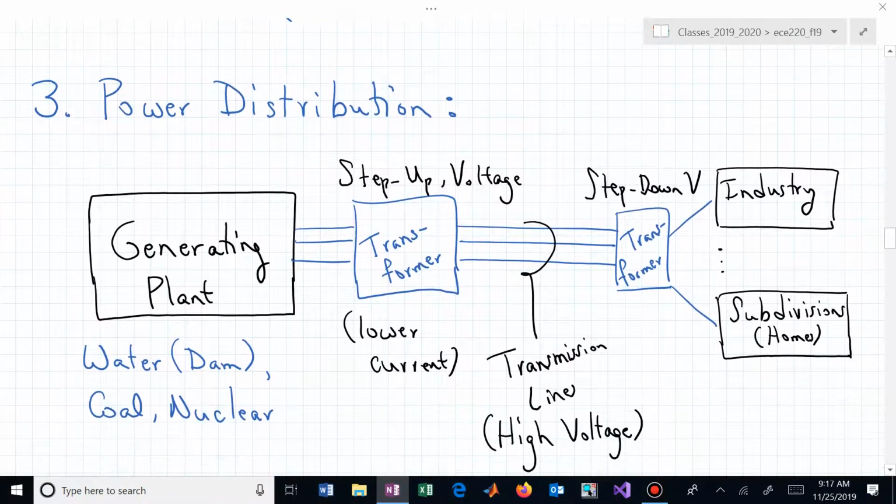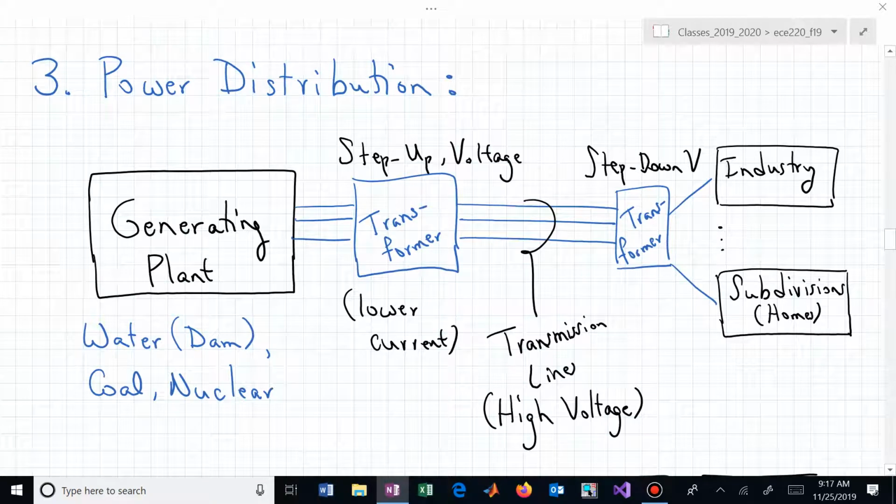And the one that you probably are or were anticipating is power distribution. You have some kind of generating plant: nuclear, coal, hydroelectric, whatever. Now that's generating power, and you want to get that across the state, across states, across the nation.